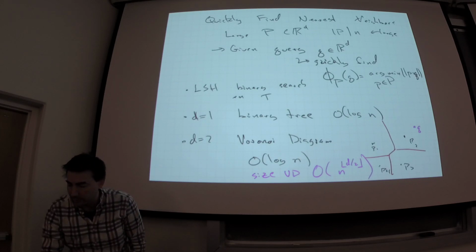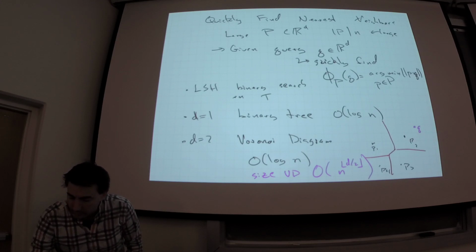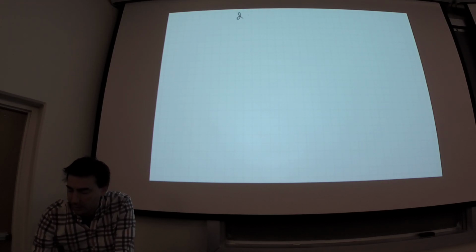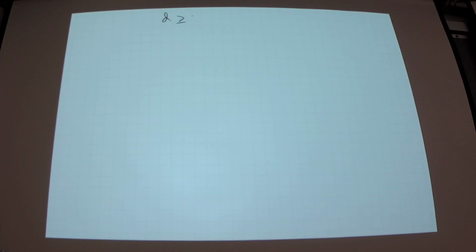So what typically is done for d greater than or equal to 3 is what's called approximate nearest neighbor.